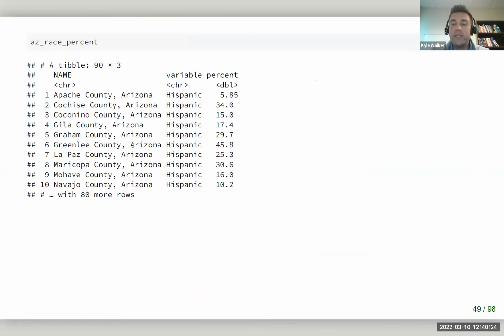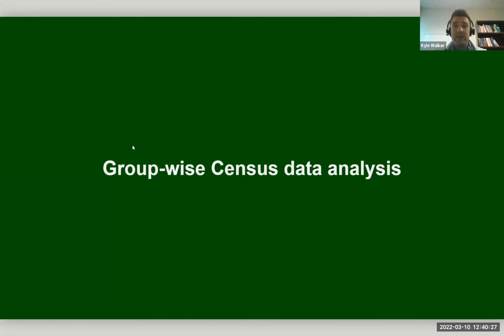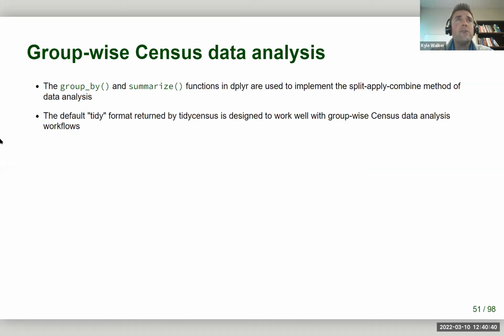We then can start doing some analytics on that data that we've created. And one common way that tidyverse tools are used is for group-wise census data analysis. What the tidyverse implements is what's called the split, apply, combine method of data analysis, which is extraordinarily powerful and relatively intuitive. The idea is that you identify salient or meaningful groups in your data.